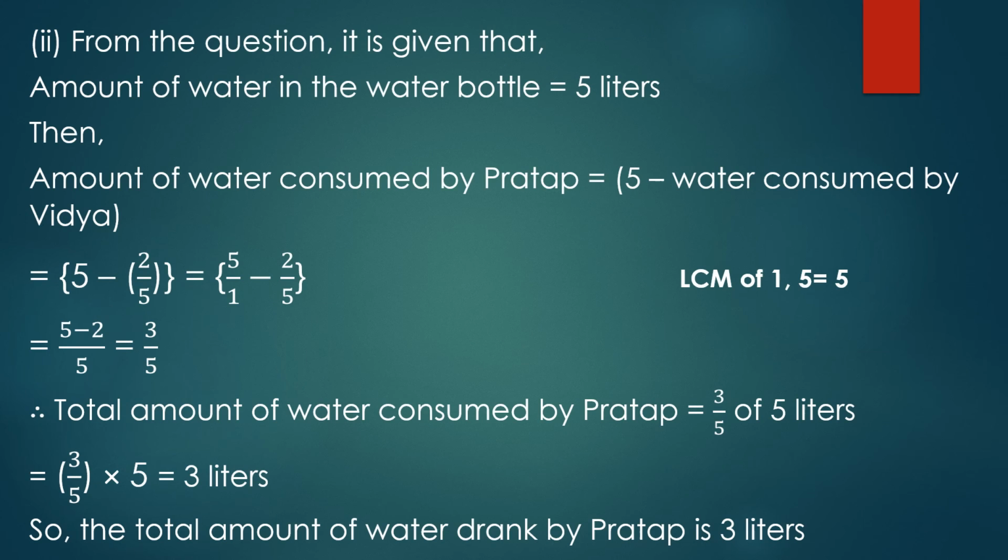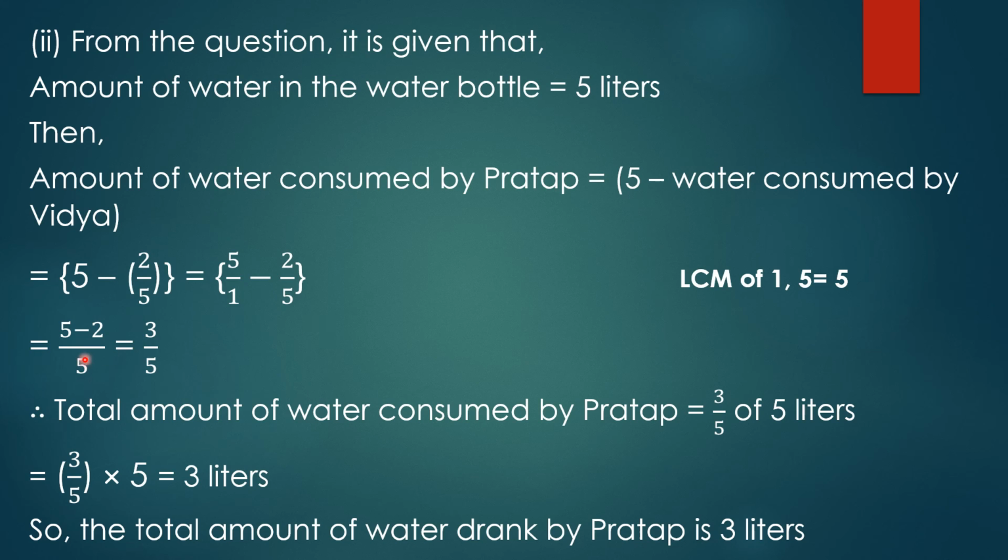Next, the amount of water in the water bottle, we already know that it is 5 liters. Then the amount of water consumed by Pratap is 5 minus the water consumed by Vidya, because he has consumed the remaining quantity of water. Therefore, 5 minus 2 by 5, which is equal to 5 by 1 minus 2 by 5. So, what is the LCM for 1 and 5? It is 5.